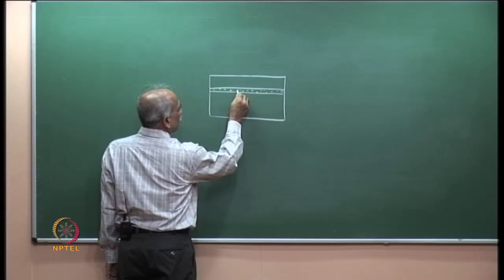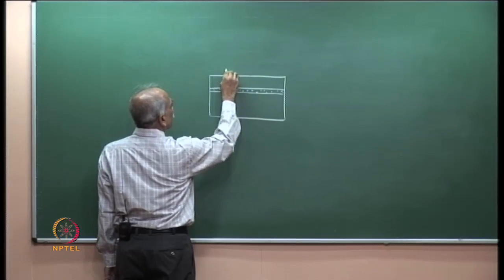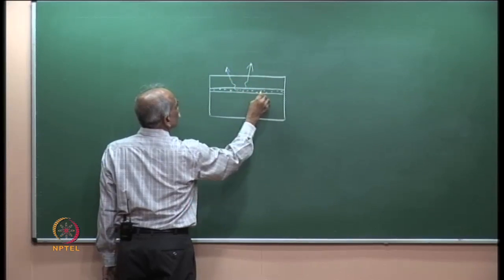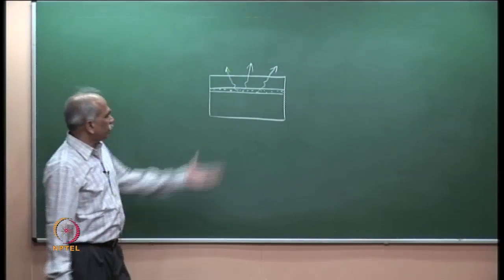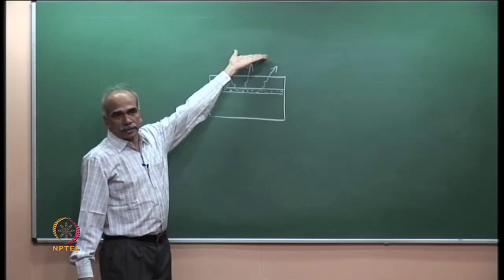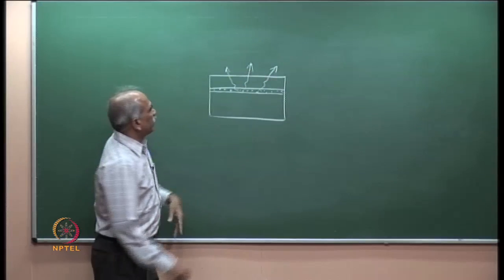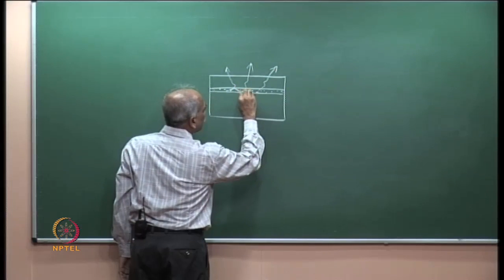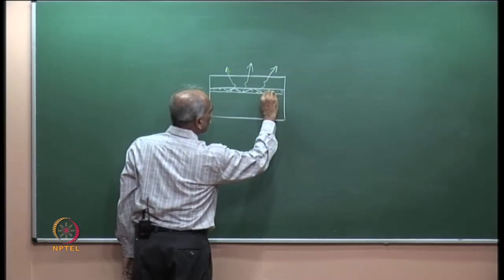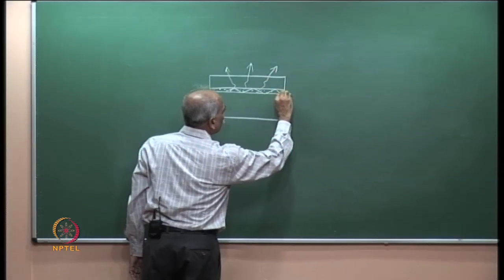In surface emitting LED, the light which is coming out is the output. The output that we get is the light which is coming out like this. Whereas in edge emitting LED, the light which is generated and trapped inside because of optical confinement is the output that we get.